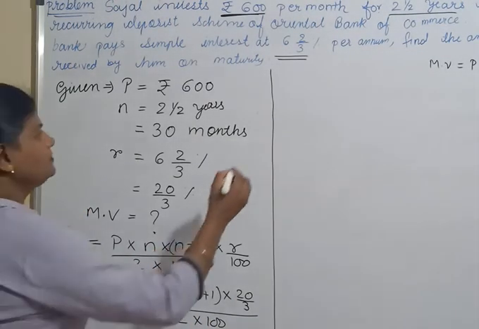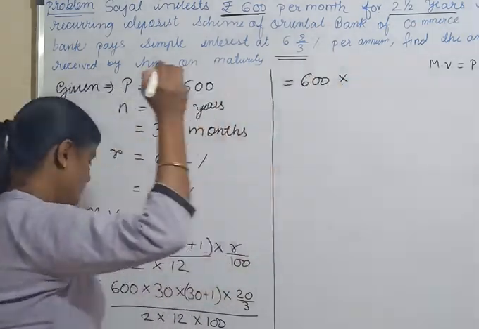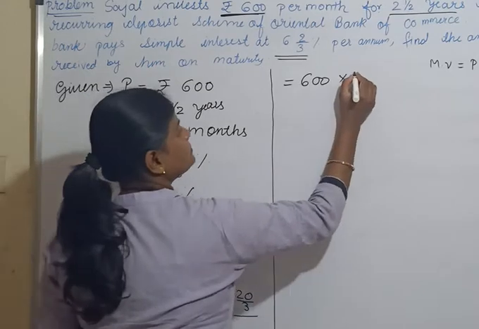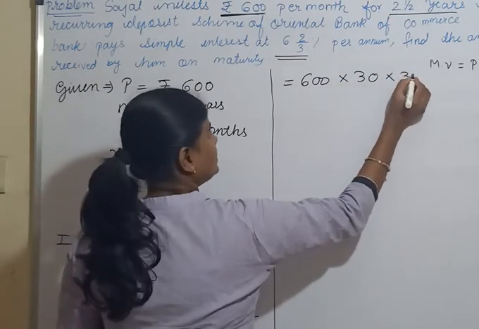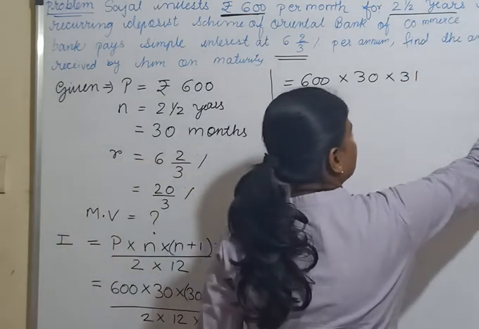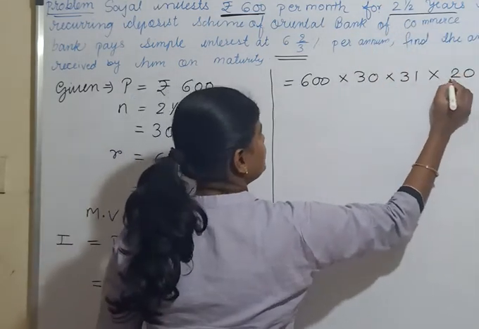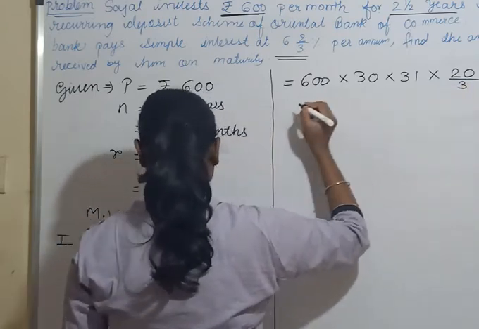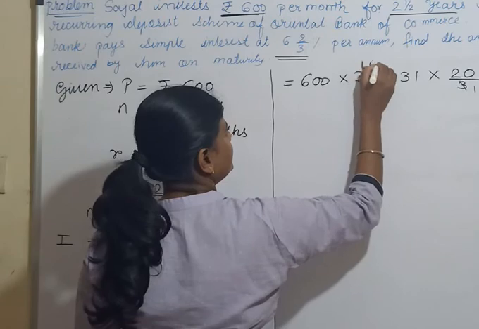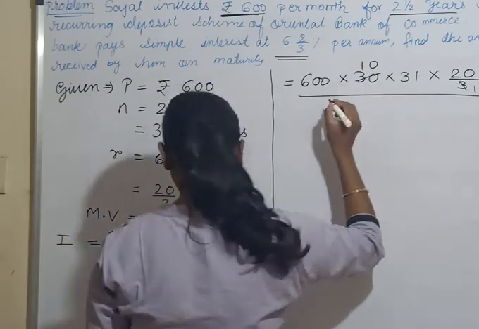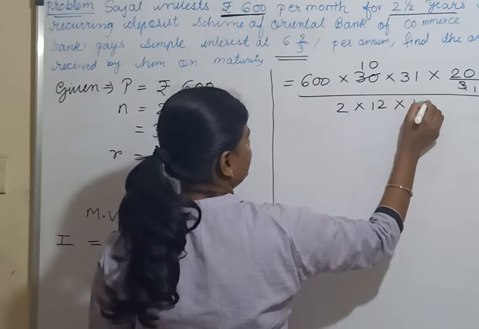Now here, 600 into 30 into 31 into 20/3, divided by 2 into 12 into 100.